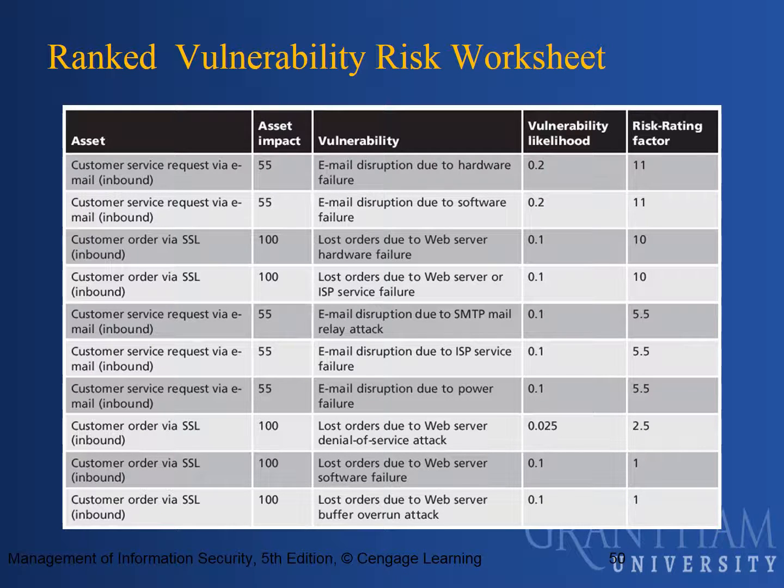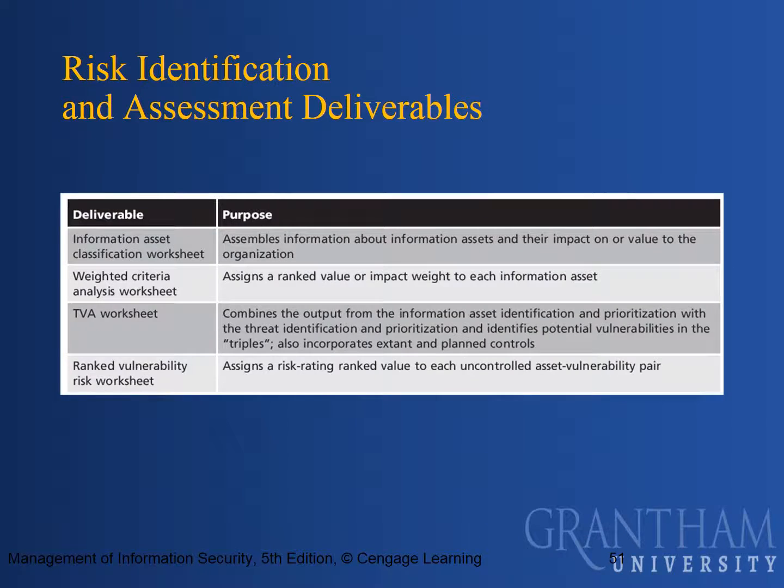In this table of ranked vulnerability risk worksheet, note the columns are asset, asset impact, vulnerability, vulnerability likelihood, and the risk rating factor. Risk identification and assessment deliverables. You have a list of deliverables and the purpose of that deliverable.